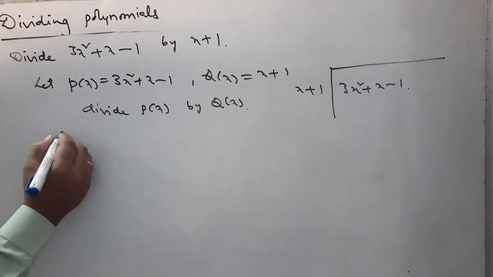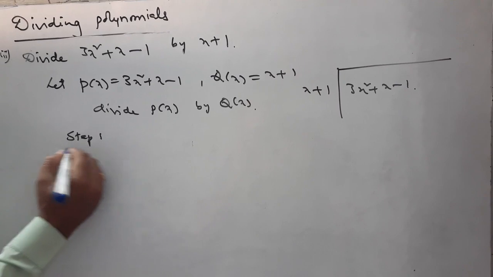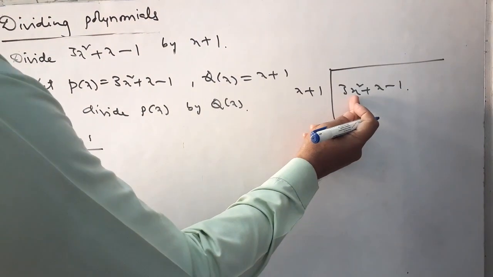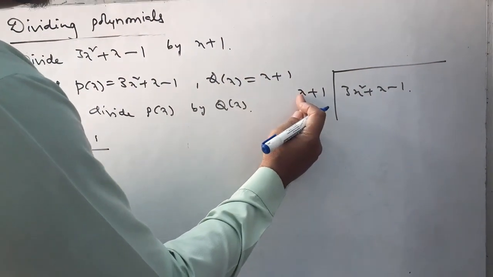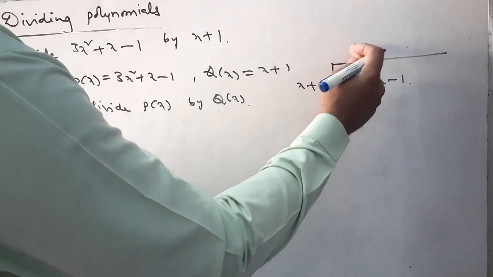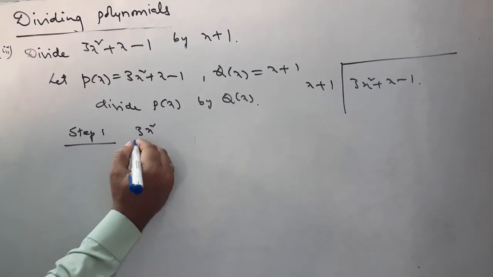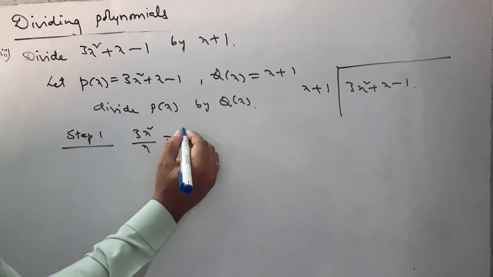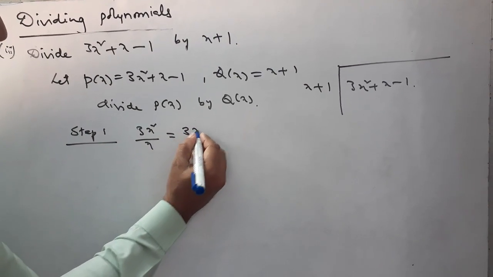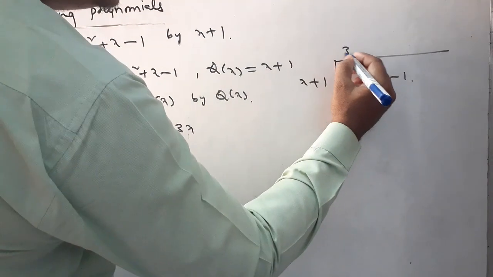The first step: we take 3x square divided by x, and whatever we get we write in the quotient. So 3x square by x becomes 3x. Here we write the 3x.